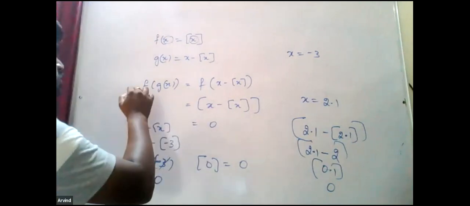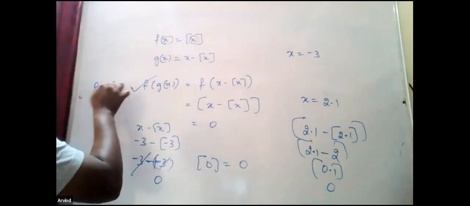So the correct option is option D, which is f circle g of x.